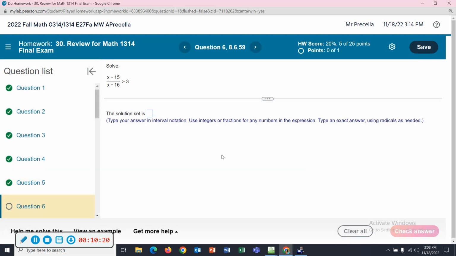Another inequality, but this time we're going to have some domain or denominator cut points, aren't we? Problem 6. x minus 15 over x minus 16 is greater than 3. I'll begin by finding the solution cut point.